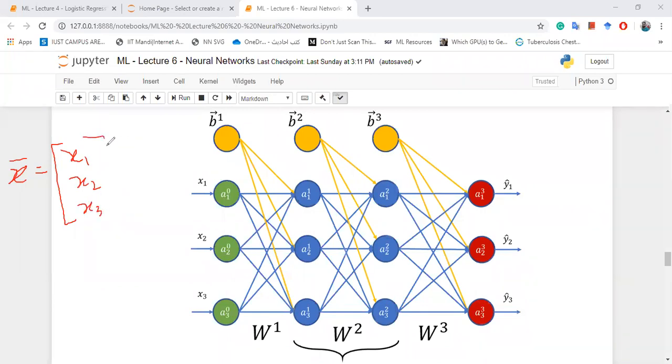And finally in the output as well we will have three outputs: y1 cap, y2 cap, and y3 cap.